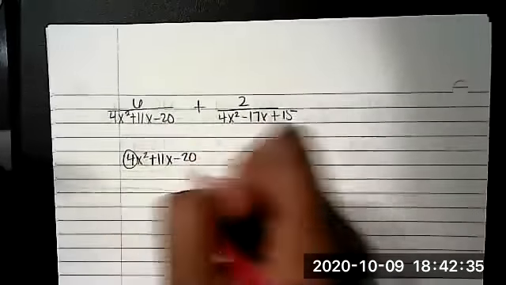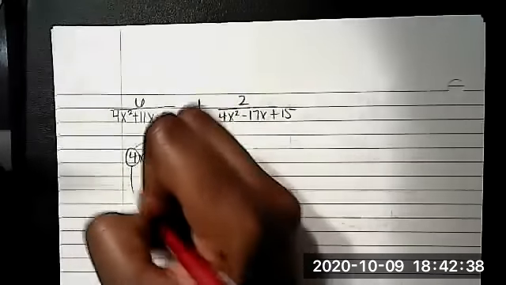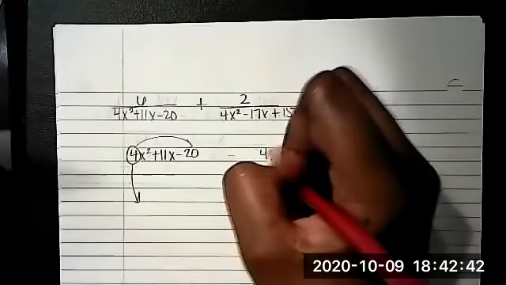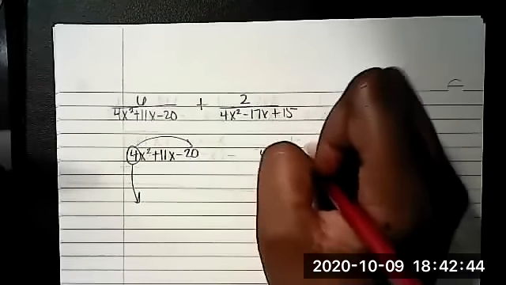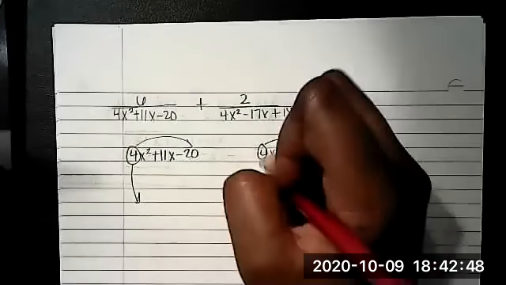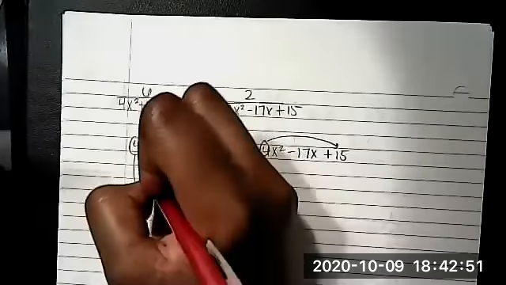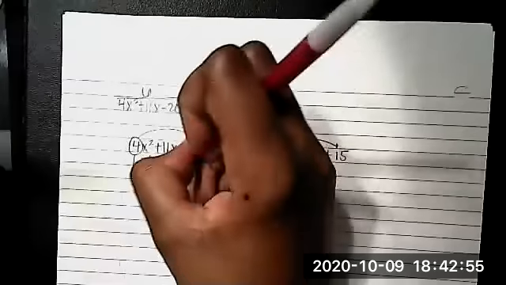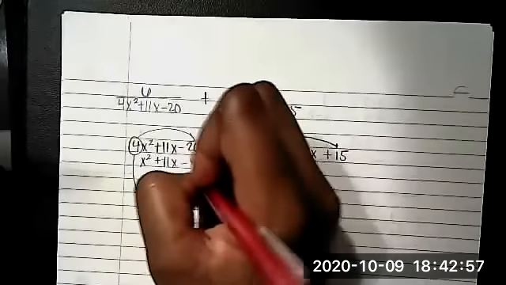Okay, does anything cancel out? Doesn't look like it; you can't find a greatest common factor. And then over here, I know I'm going to have to do it again. So this becomes x squared plus 11x minus 80. Ooh, 80.